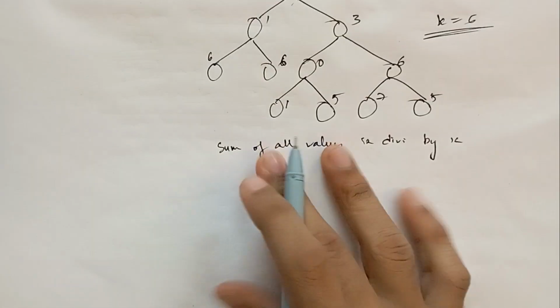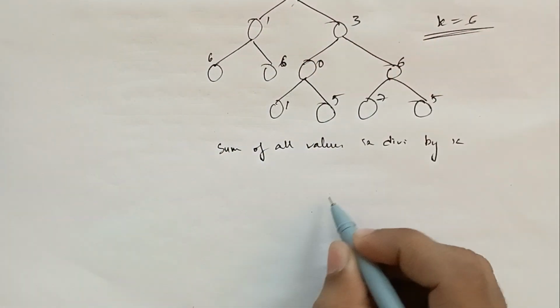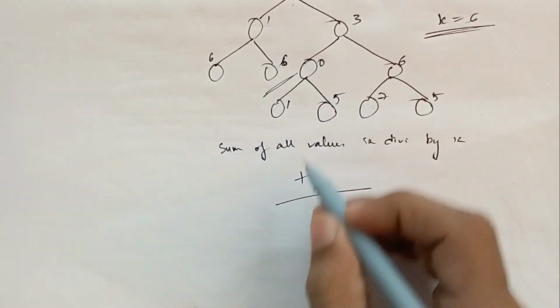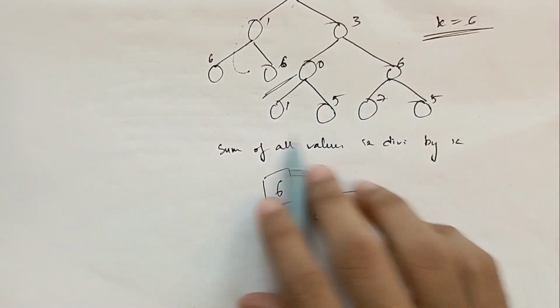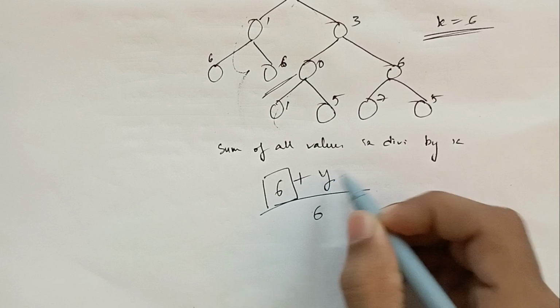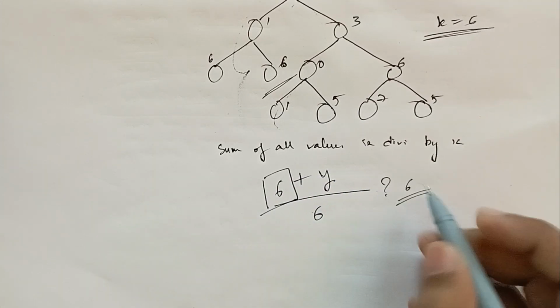As I said, all this is divisible by k. So here it is 6, here it is 6, and let us assume all this has the sum of y. Now, is it divisible by 6?